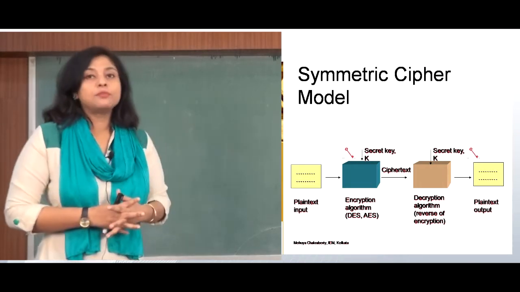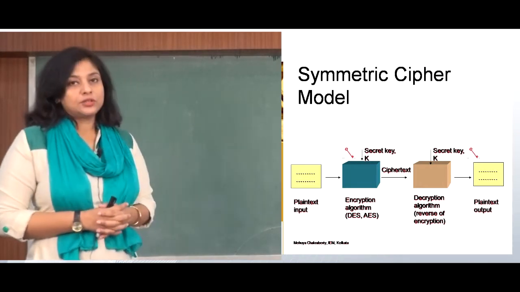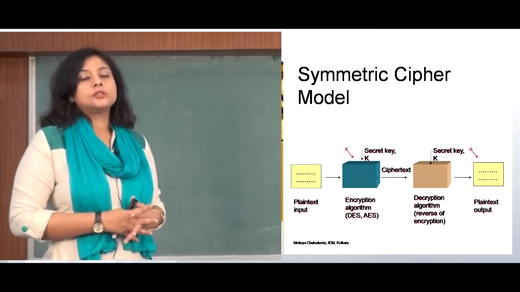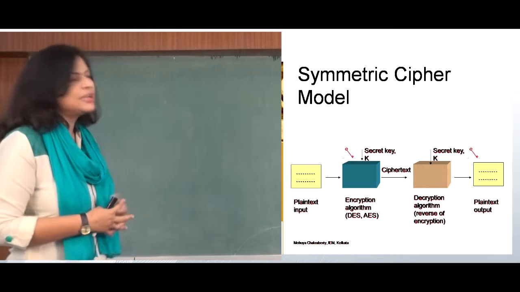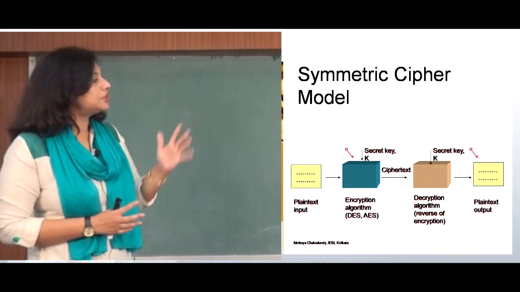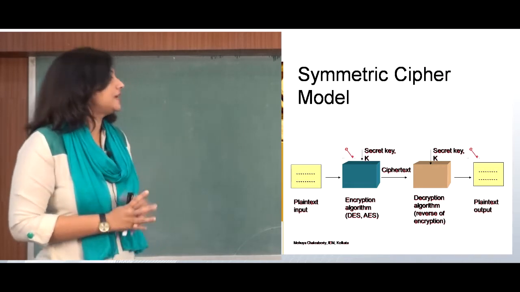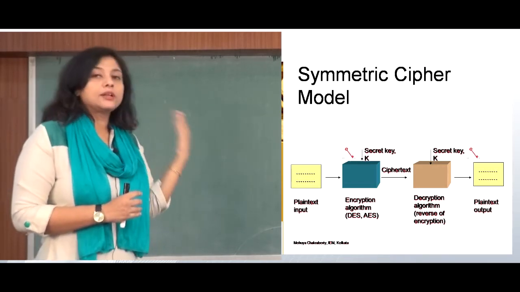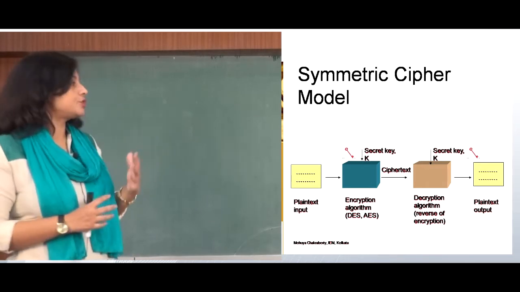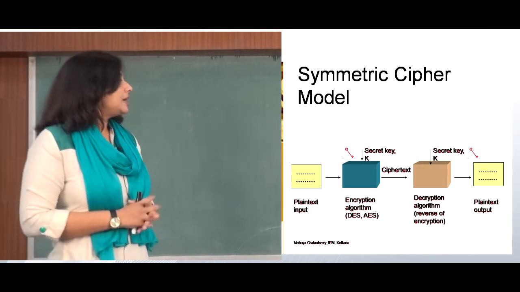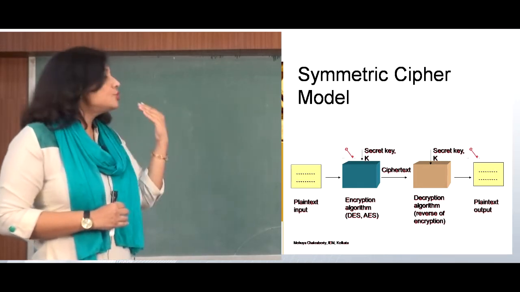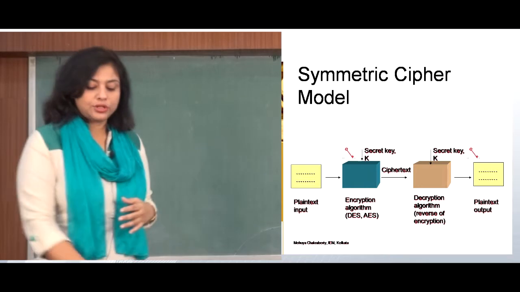Some of them, to name a few, are DES algorithm, AES algorithm, Playfair cipher algorithm, Caesar algorithm, and so on. Once the ciphertext is formed, it goes over to the receiving end through the channel, and since you have encrypted it, you have to decrypt again by using the reverse decryption algorithm. And there also you need to have the same secret key K to convert the ciphertext back to the plain text.